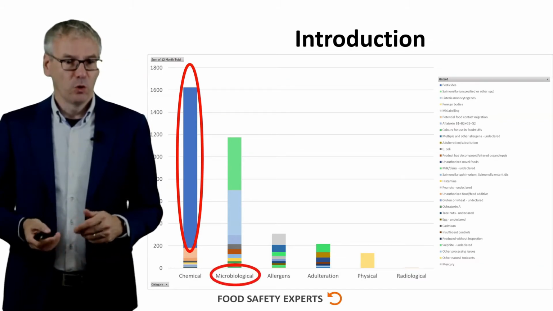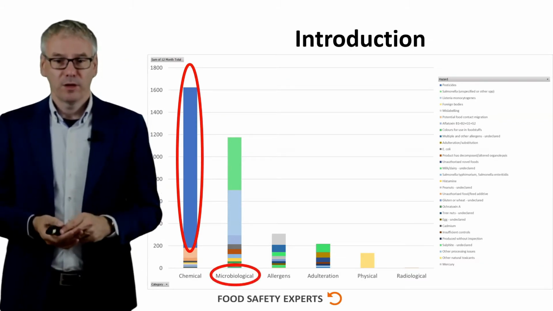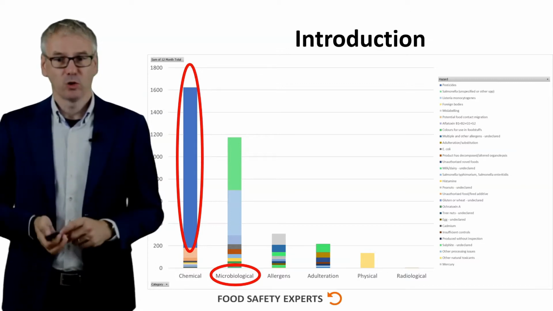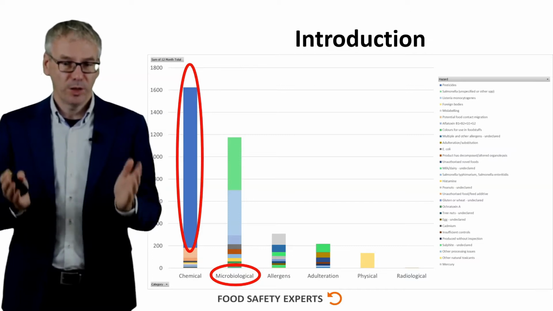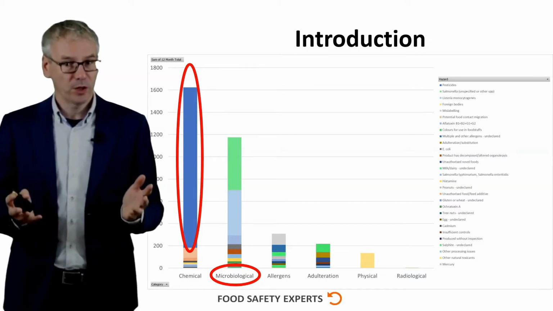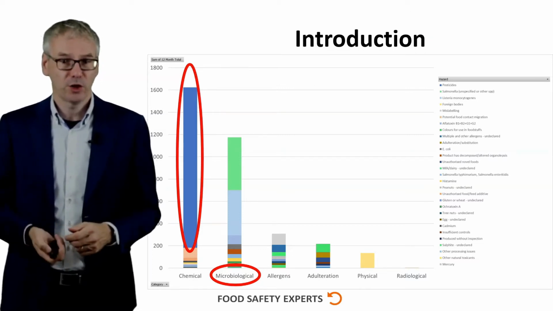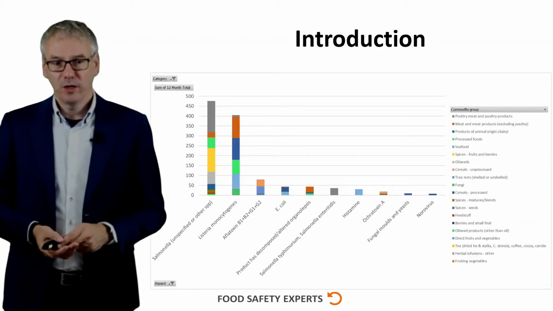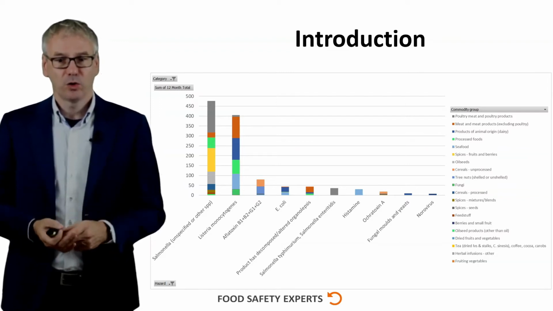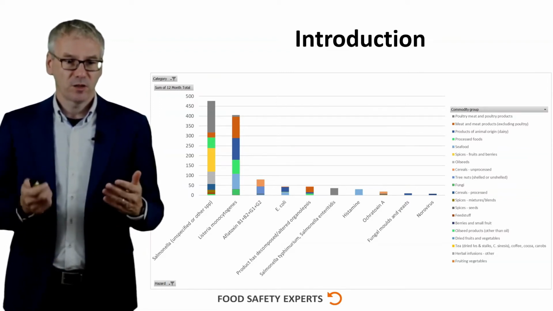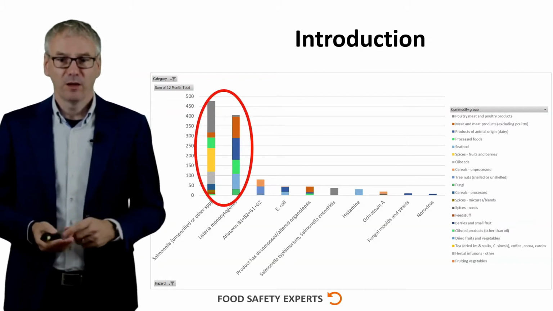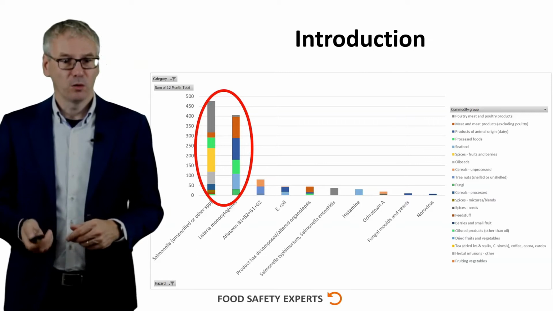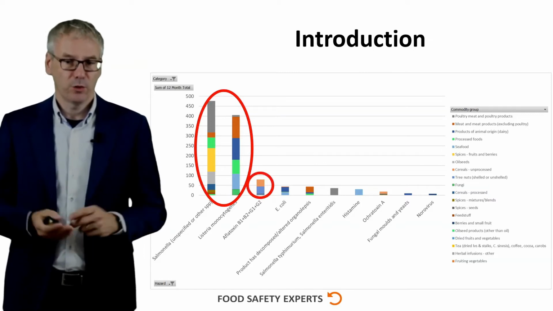And number two, which is traditionally the number one, is microbiology. So microbiological contaminations are a big source of recalls, a big source of food safety notifications around the globe. If we look in more detail into these microbiological issues, we see that salmonella and listeria are strongly dominating the landscape, followed by aflatoxins in the third spot.